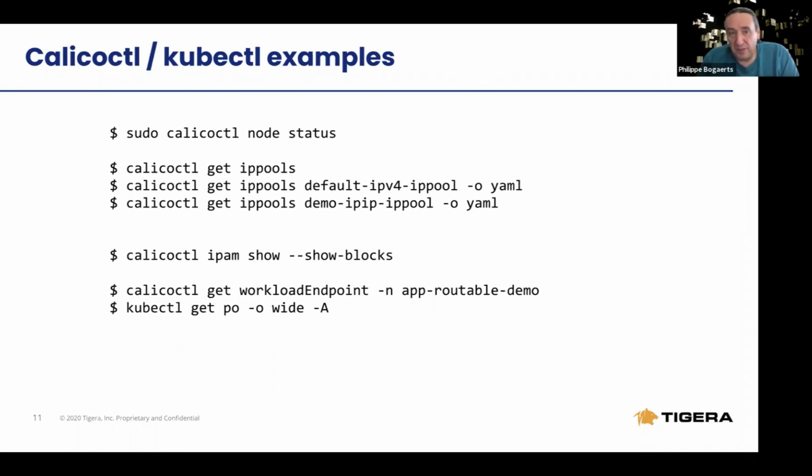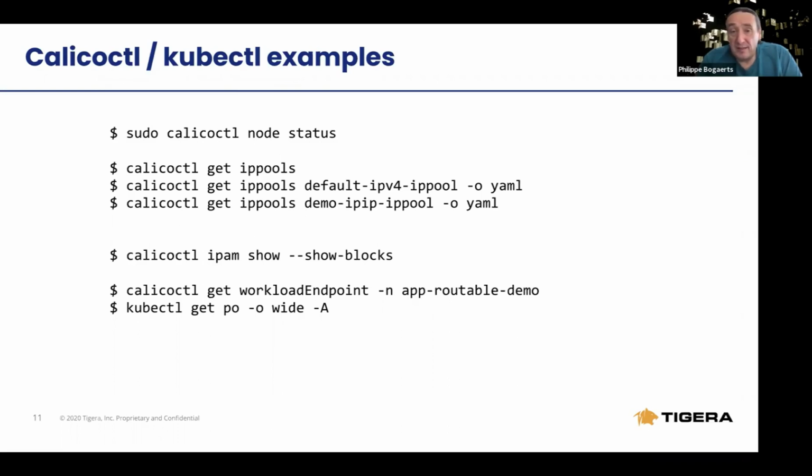So it's perfectly possible that in a Calico implementation, you have multiple IP pools. What's the great advantage of having multiple IP pools is that you can actually select from which pool pods actually get their IP addresses.